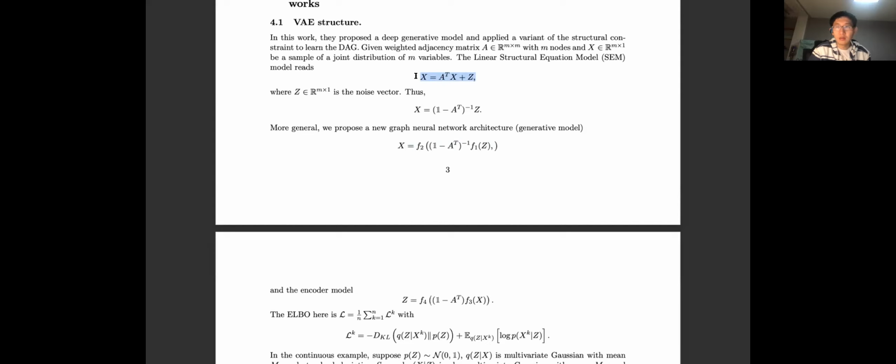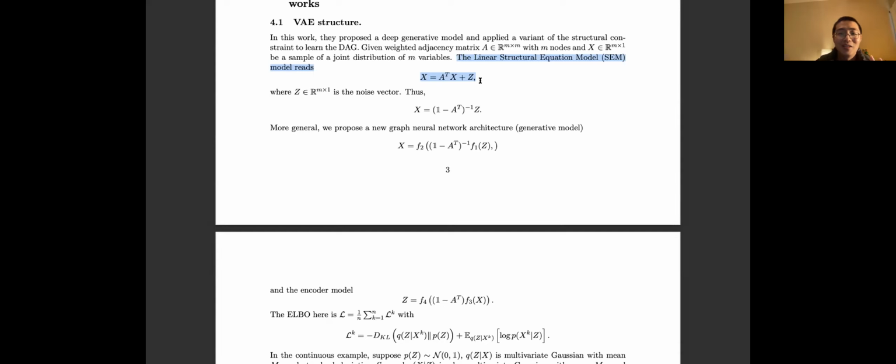I think SEM is causal. It's a model of causal inference. So even if we do not have Z, this A is not an identity matrix. Usually, if we know the order of X, then A transpose will be the lower triangle.